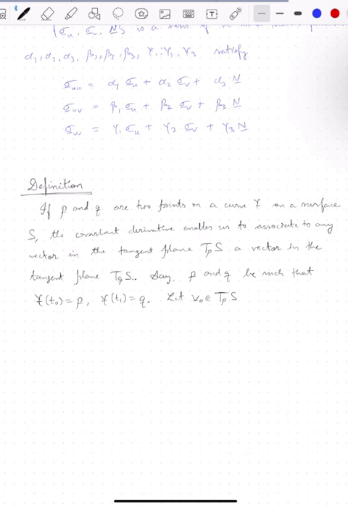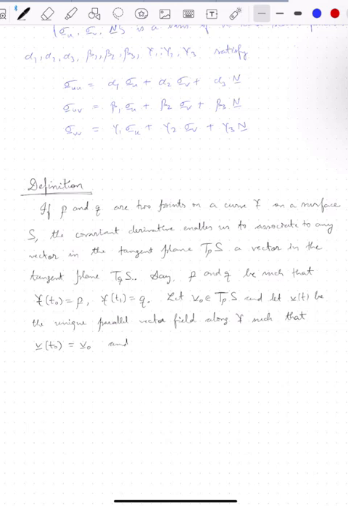Then let V vector T be the unique parallel vector field along gamma vector such that V vector at T naught is equal to V naught, right?